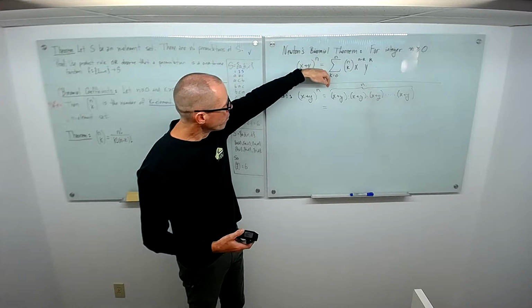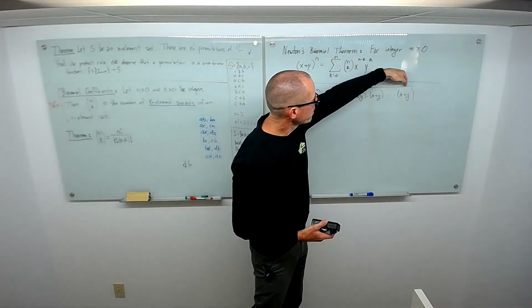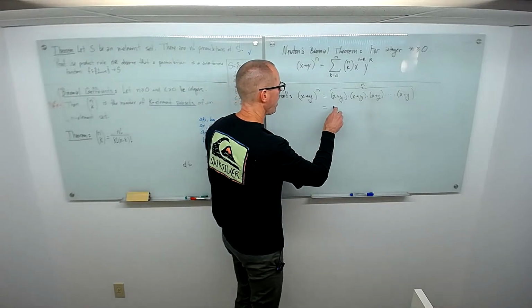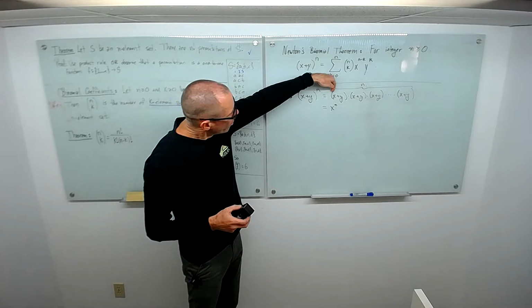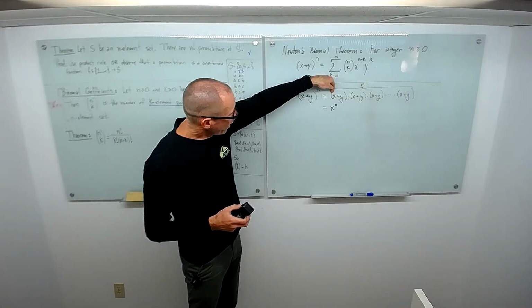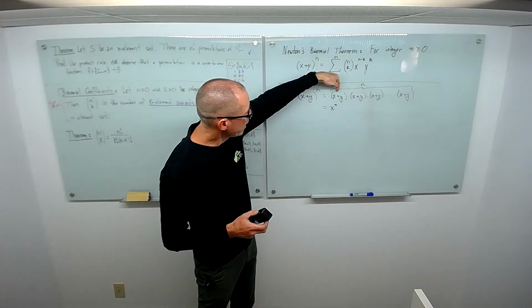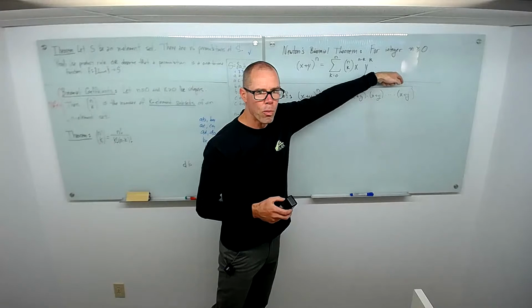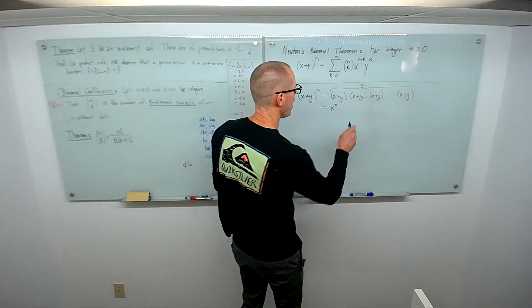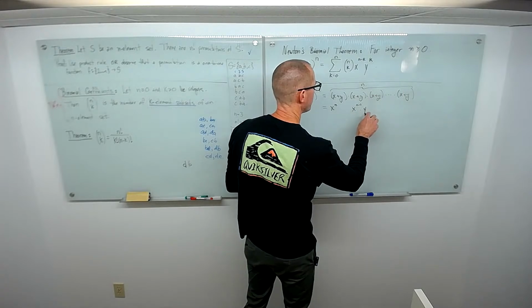So for example, if each time through I choose to multiply by x, then I'll get x to the n. If I choose, for example, x, x, x, x, x, x, x, and then the last one I take y, then I would get x to the n minus 1 times y.